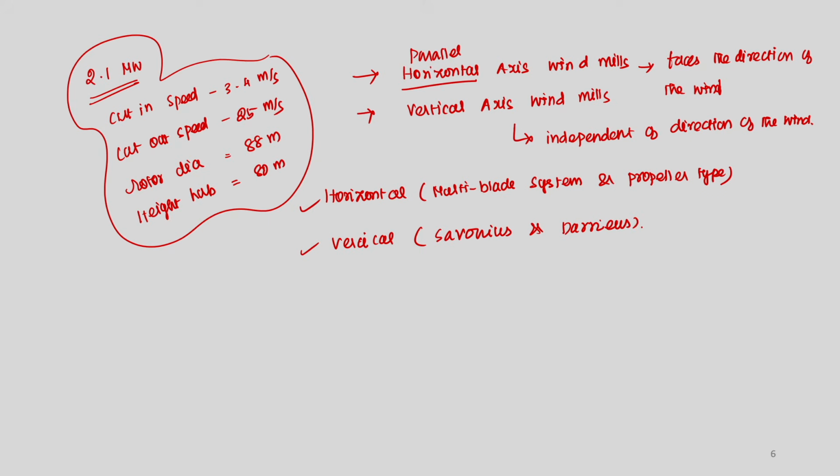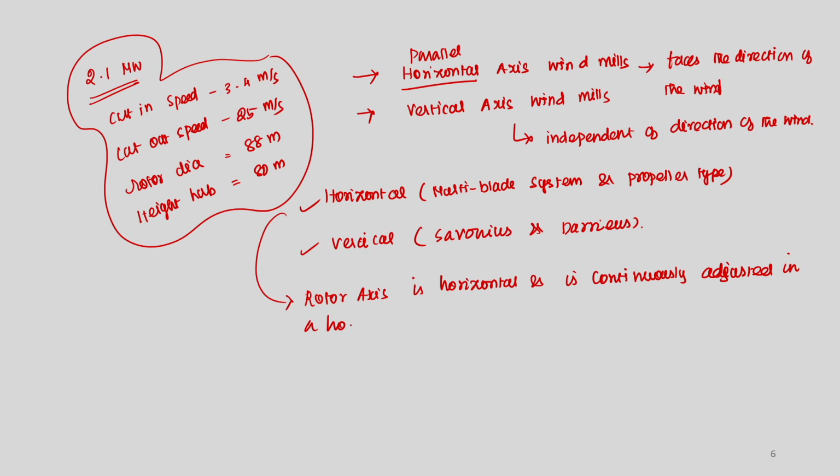Okay. So, in horizontal axis windmills, the rotor axis is horizontal, right. Based on that only it is called horizontal axis windmills, and also it is continuously adjusted in a horizontal plane.